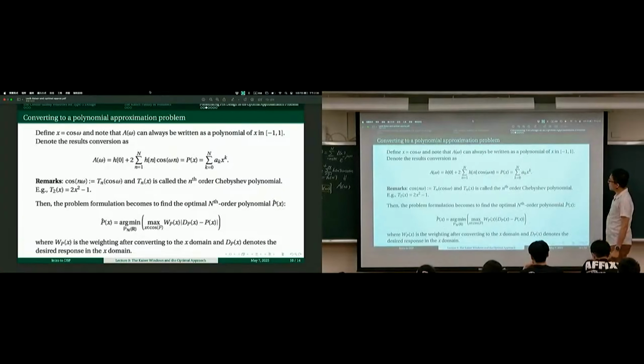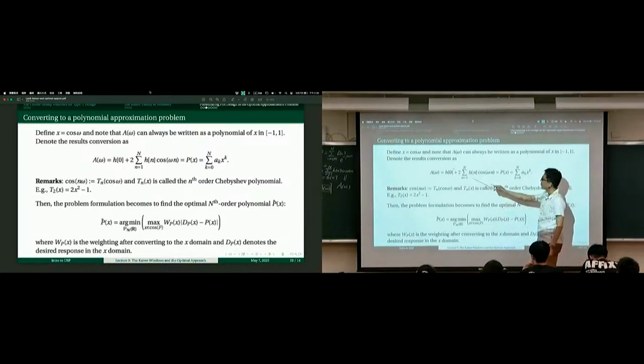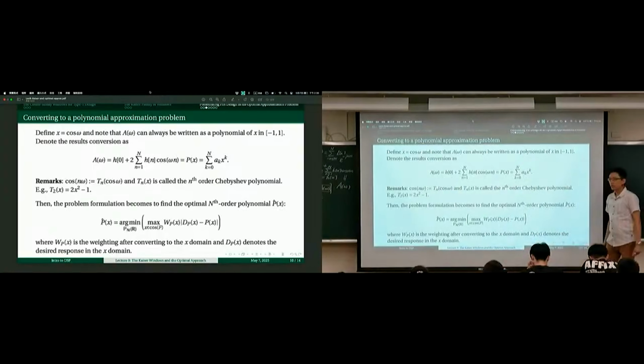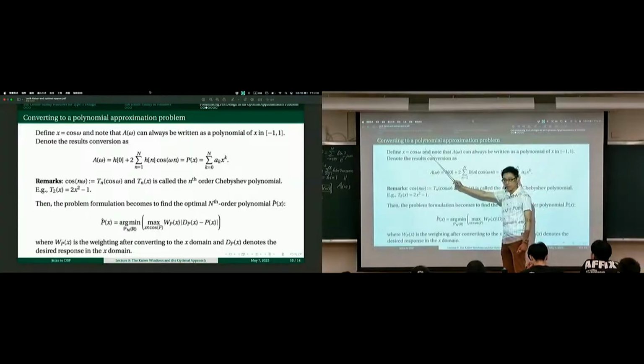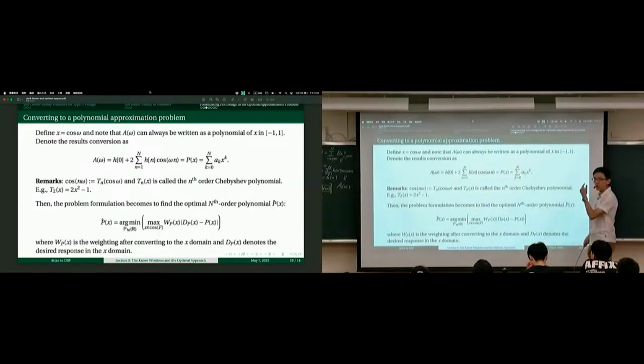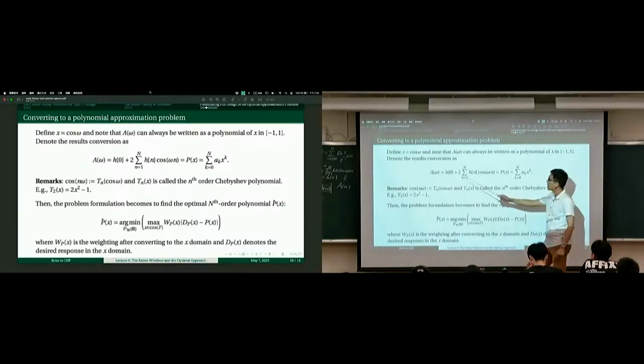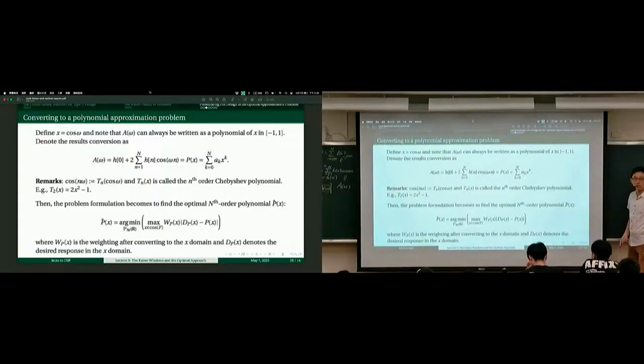But then let's define x equal to cosine omega. This is strange, okay? You want to convert from the omega domain to the x domain, simply using this relation, x is cosine omega.